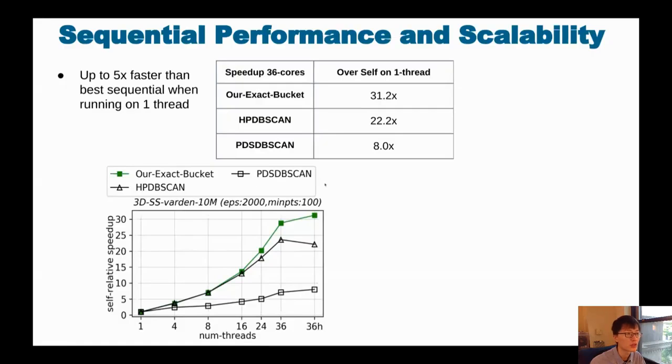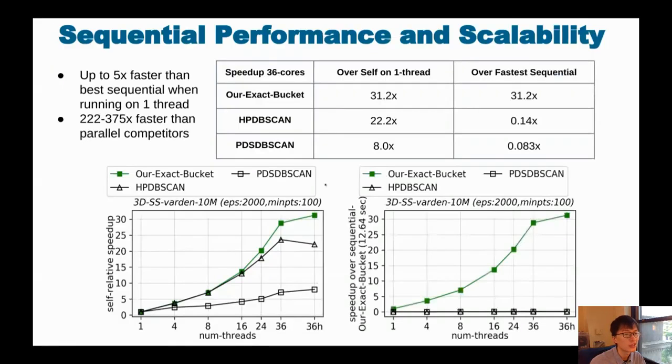And now let me show a second plot. The second plot still shows speedup, but it shows the speedup over the best sequential implementation. As we can see when comparing the two plots, the black lines are reasonable in the left plot, meaning the baselines have reasonable self-relative speedup, but they lie flat on the right plot, meaning the baselines actually do not perform well against the best sequential implementation.